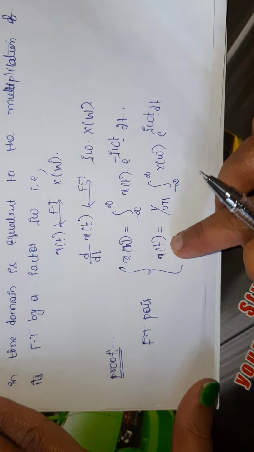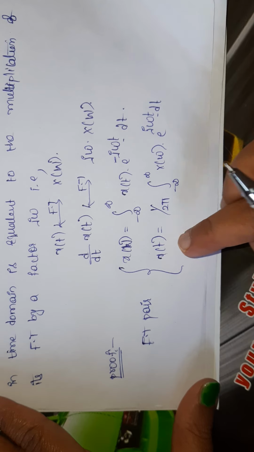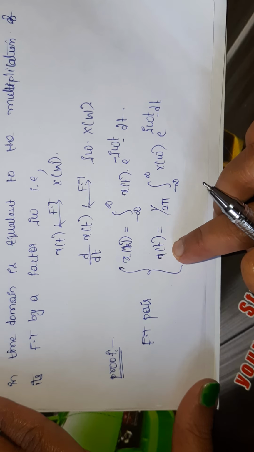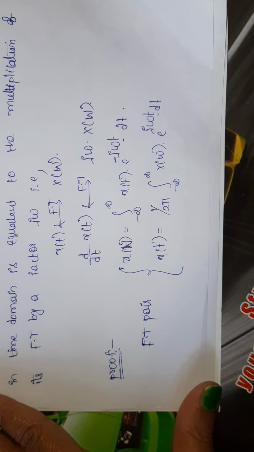Now I am considering this formula, and I am doing the differentiation by taking the differentiation of x of t on the left hand side. We have to get the right hand side term.